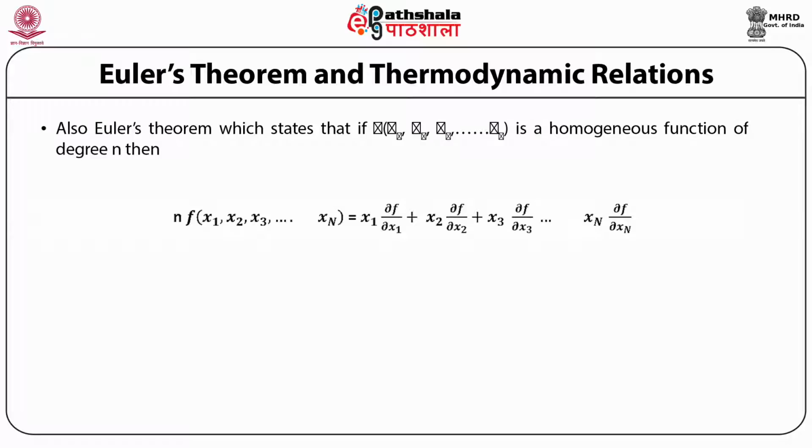Euler's theorem states that if there is a function f of x1, x2, x3 and so on up to xn, and it is a homogeneous function of degree n, then n times f of x1, x2, x3 and so on up to xn is equal to x1 multiplied by the partial derivative of f with respect to x1, plus x2 multiplied by the partial derivative of f with respect to x2, plus x3 multiplied by the partial derivative of f with respect to x3, and so on up to xn multiplied by the partial derivative of f with respect to xn.